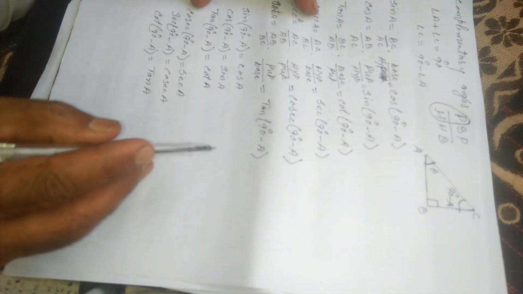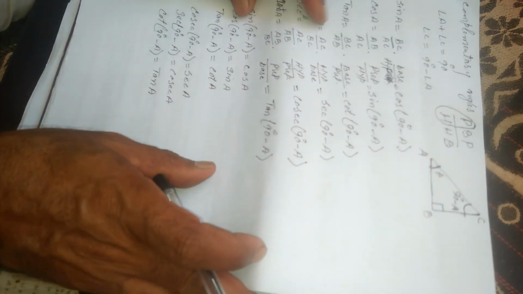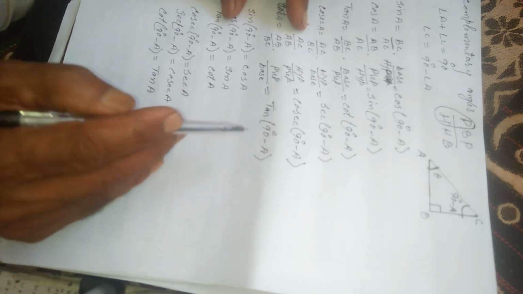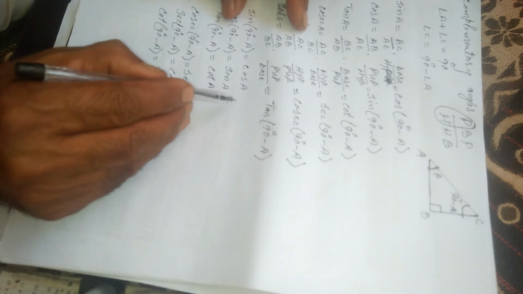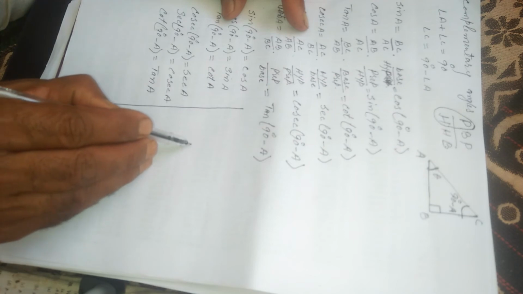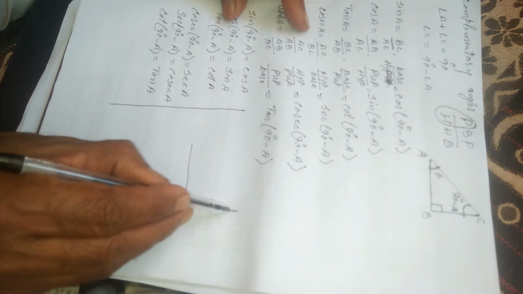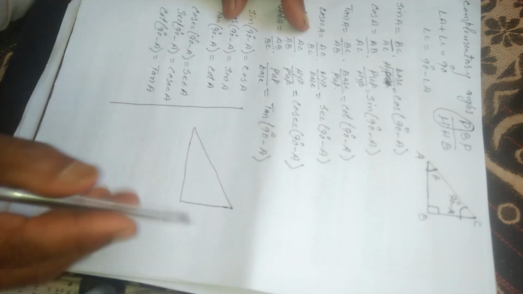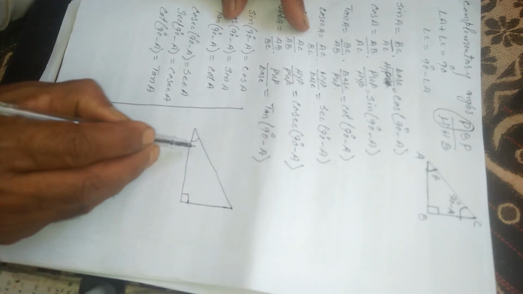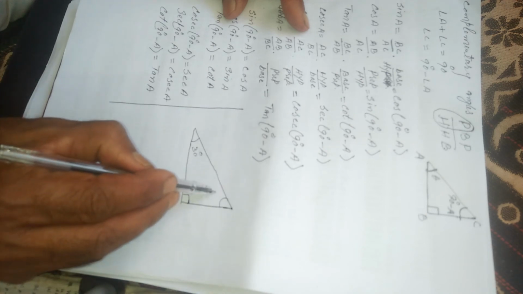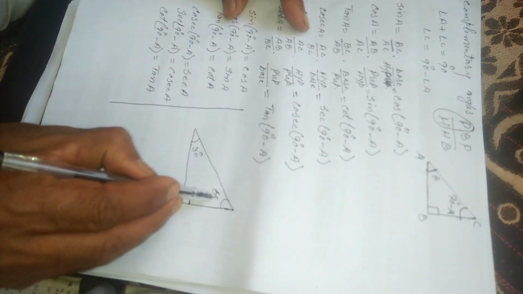To understand at this level of learning, in order to equip ourselves with the knowledge of mathematics, in the right triangle we see that let this angle be 30 degree, and this will be 60, plus 30 equal to 90 degree.